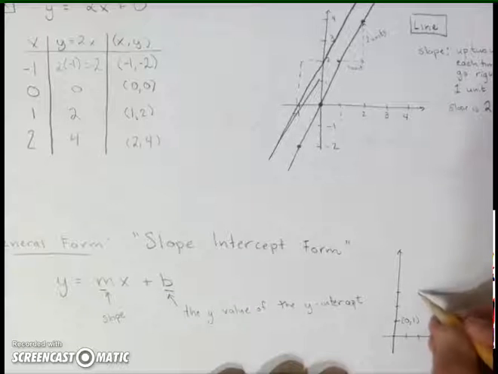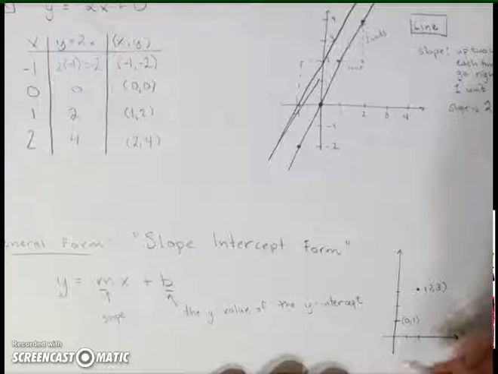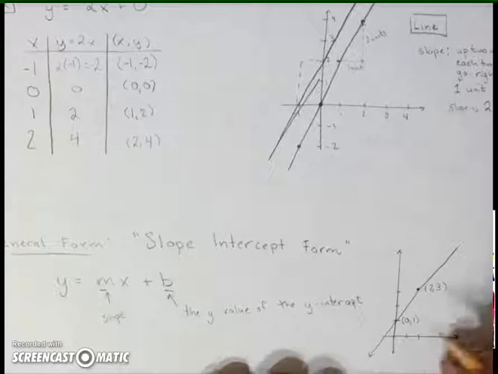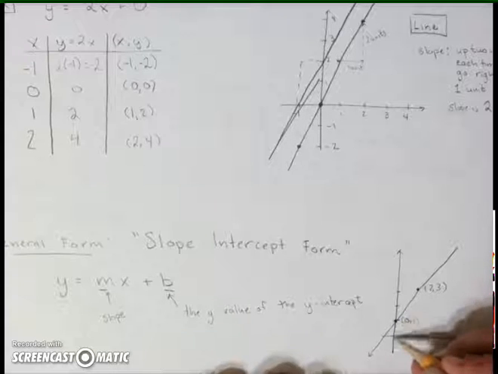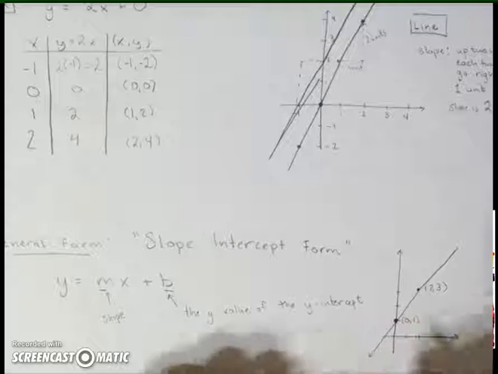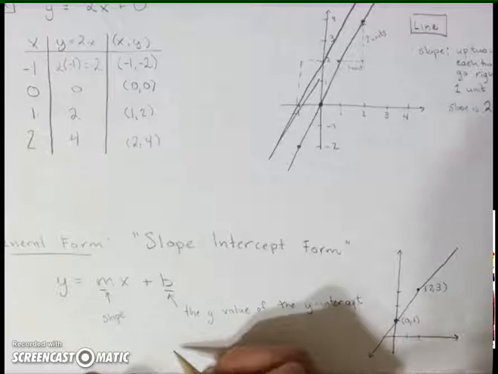Let's say go over 2 to get to the next point. So 2, 3 is also on my line. Then the b is going to be 1. The y-intercept is 0, 1. That's where we intersect the y-axis. And the y value of that's 1.